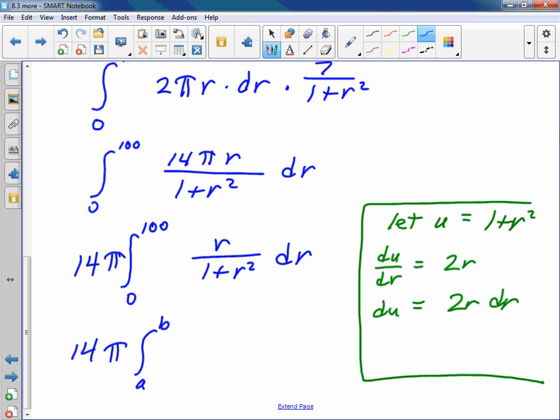Unless we want to be able to put stuff in du, we need to make sure it's 7 pi, because it's 2r. Oh, yeah, because we've got a 2. Okay, he's right. Let's go 7 pi out here and 2.